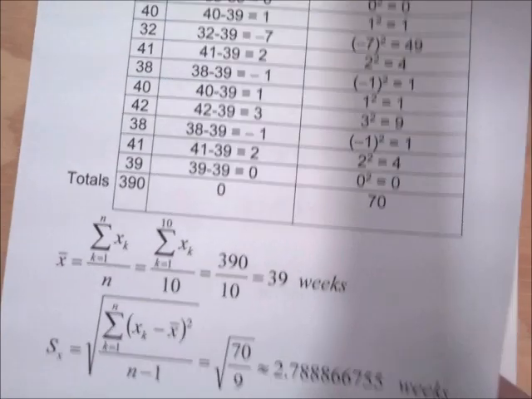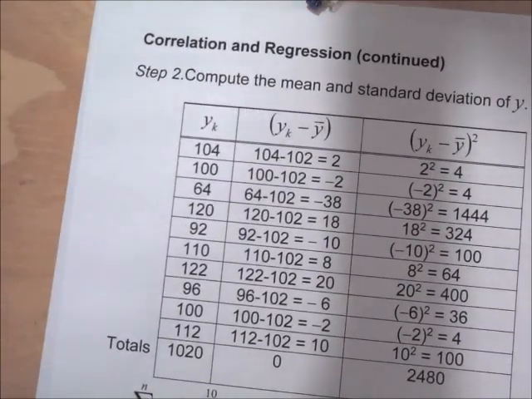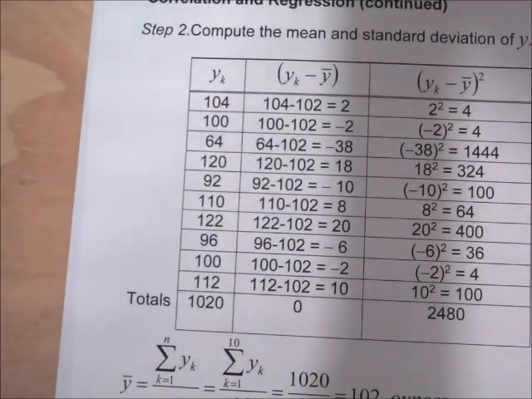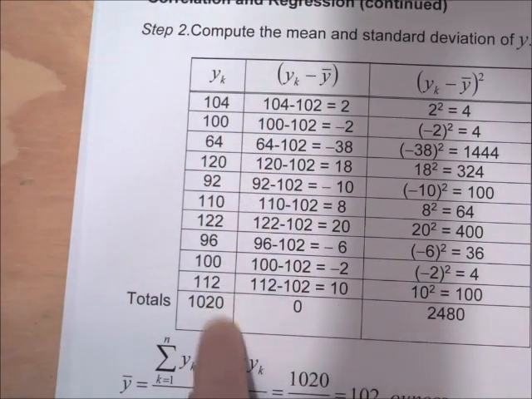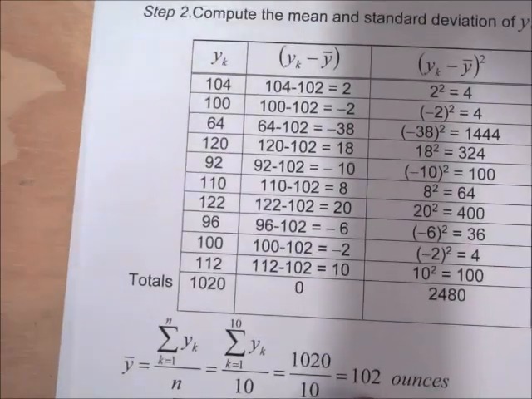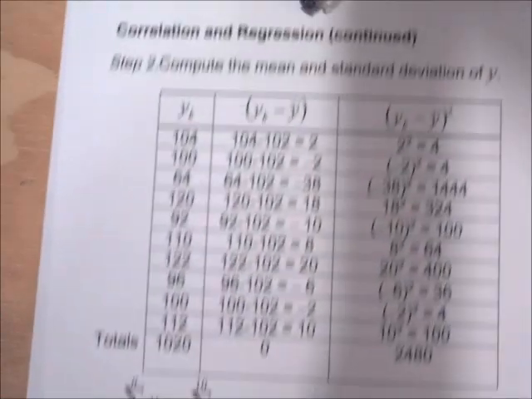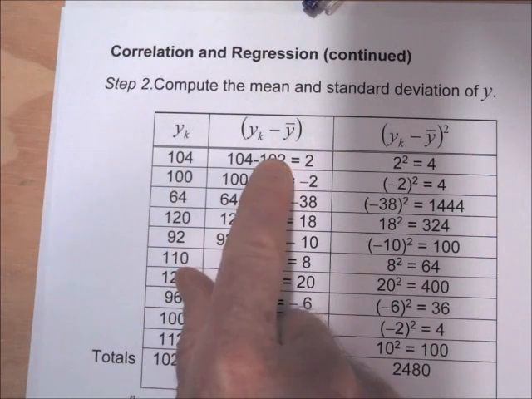About 2.79 weeks. Okay, so that's for the X variable, and then we do the same thing for the Y variable. We want the mean and standard deviation for the Y variable, so we start out by adding up all the Y values, 1020, divide by 10, we get a mean of 102 ounces, and then we want each Y value minus the mean and then square it.